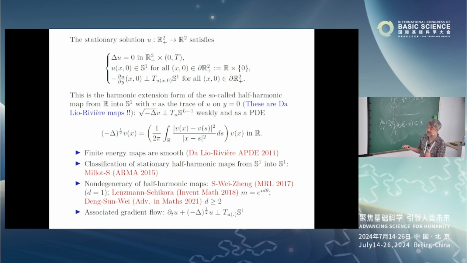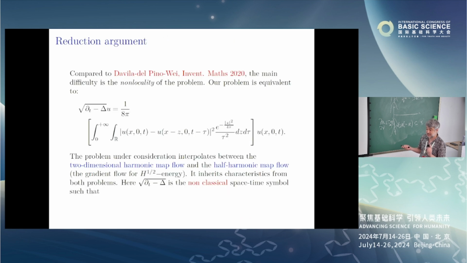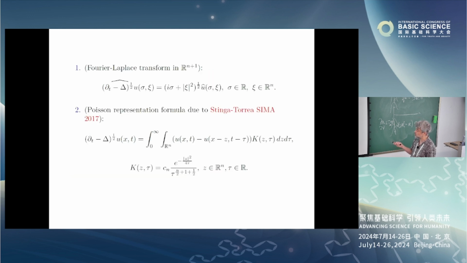But the thing is that this is not a classical space-time symbol. A classical space-time symbol would be if there is a separation between time and space. Here, if you go Fourier-Laplace, this is this kind of weird symbol. And then you can even derive a Poisson formula.